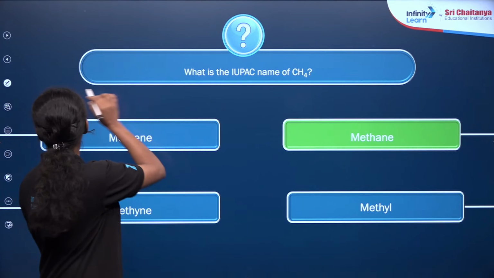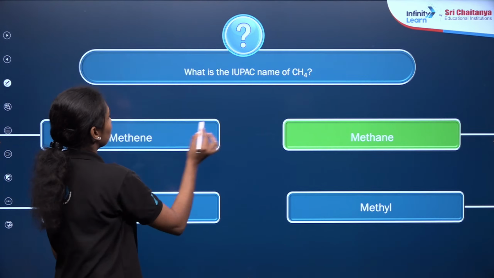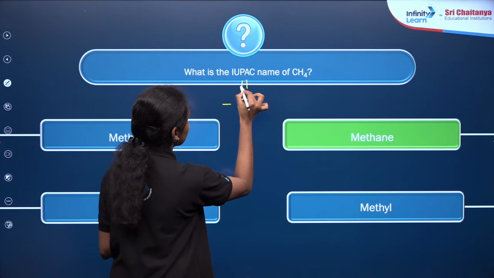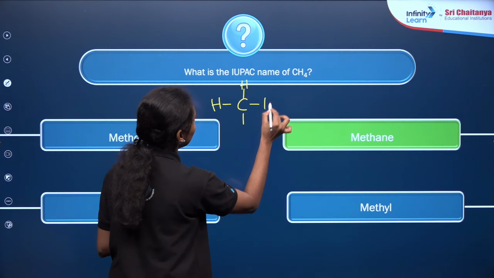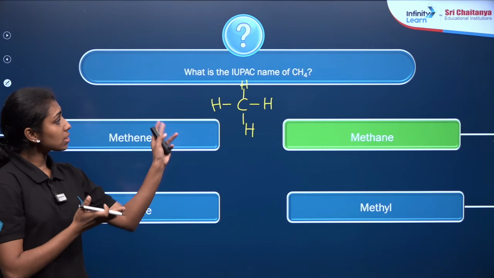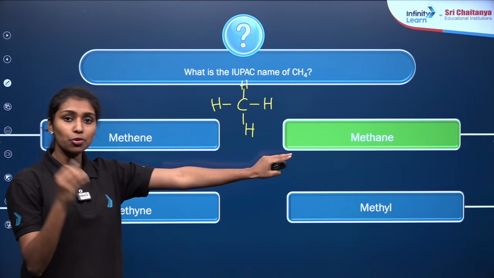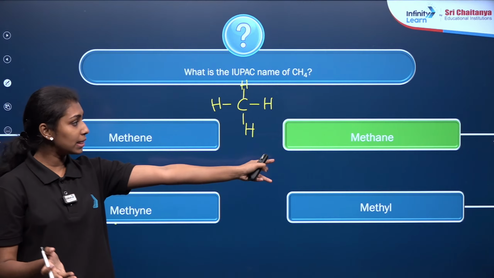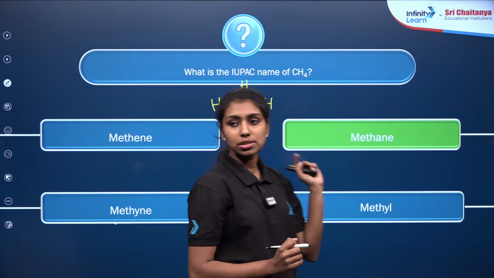If you write the structure here, the 1 carbon's 4 valencies are satisfied with hydrogen atoms only. So this is the structural formula of the CH4 molecule. Only single bonds are present, which means the suffix is ane. A 1 carbon compound means meth plus ane, so methane is the IUPAC name of this compound.